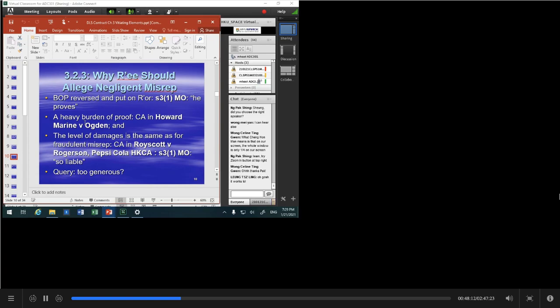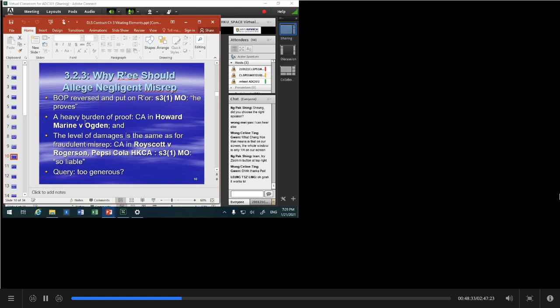So everybody, that's 40% of the marks on the screen. What are the other 10% of the marks? Well, if the representor is somehow able to prove that he is not negligent, the misrepresentation will be an innocent misrepresentation.